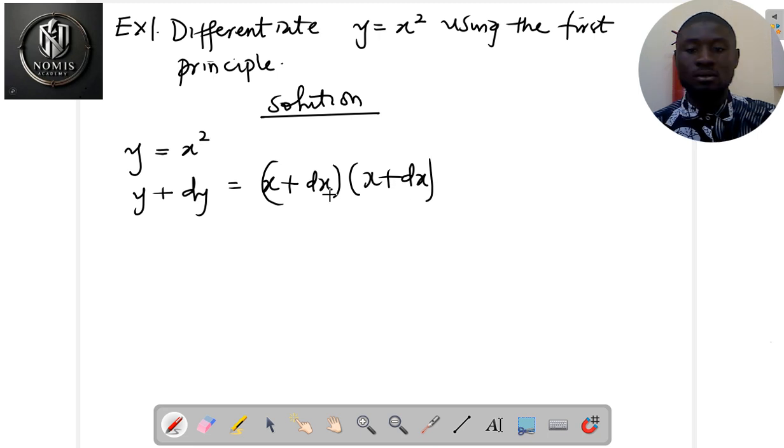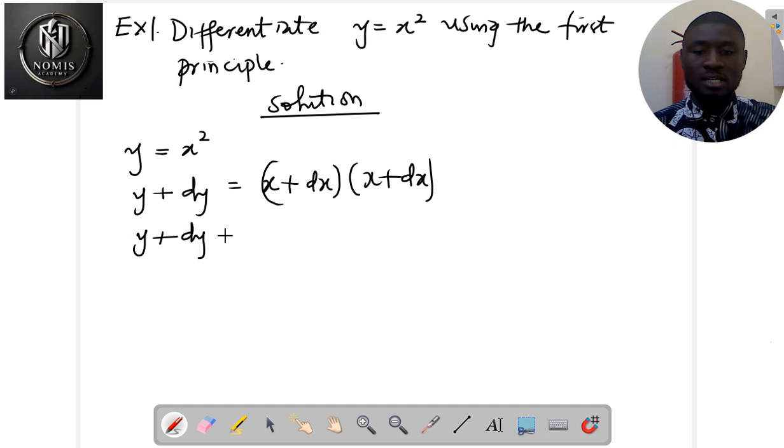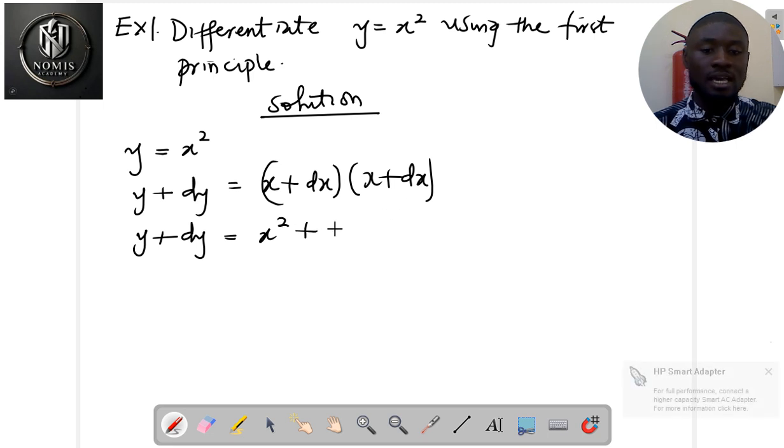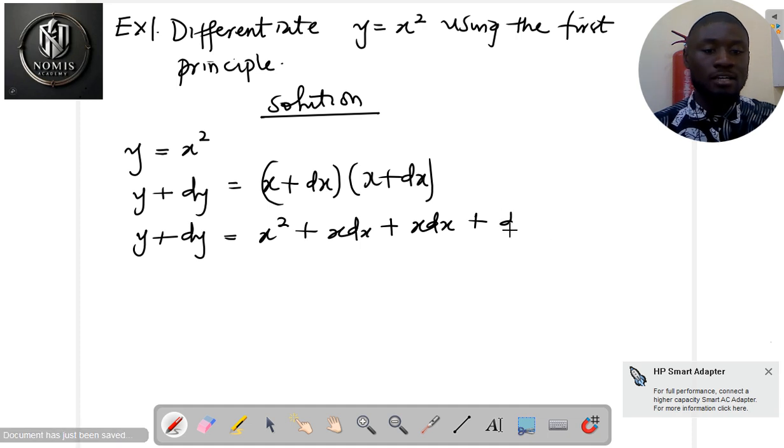So when we open this bracket, y plus δy is equal to x times x, which is x squared, plus x times δx, which is xδx. Then δx multiplied by x is also plus xδx, plus δx times δx, which is δx squared.